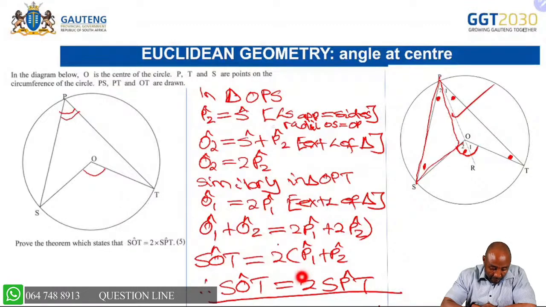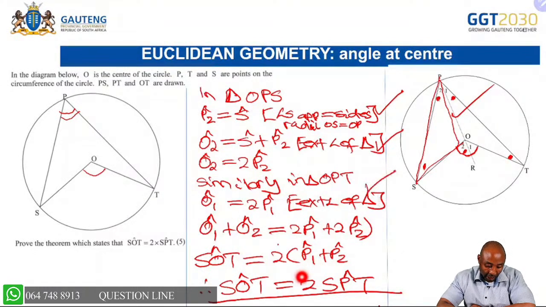P2 is equal to angle S, angles opposite equal sides. Then I know that my O2 using exterior angle of a triangle, I get my third mark. Similarly, I'm able to get that angle O1 is equal to 2 times angle P1, exterior angle of a triangle. I now have 4 marks. And then substituting for O1 and O2 in order to get that part, that's where I will have my 5th mark.